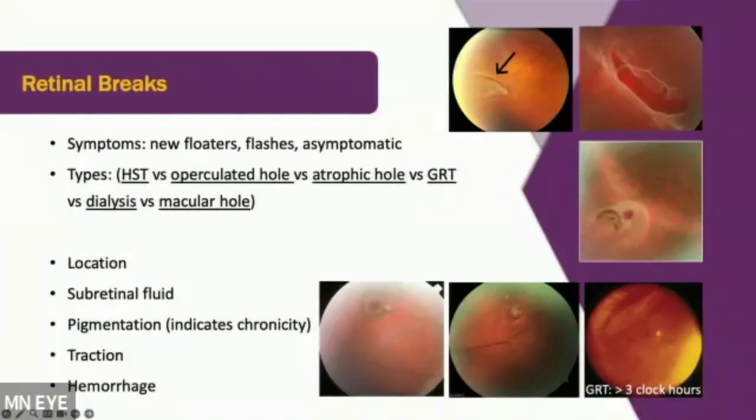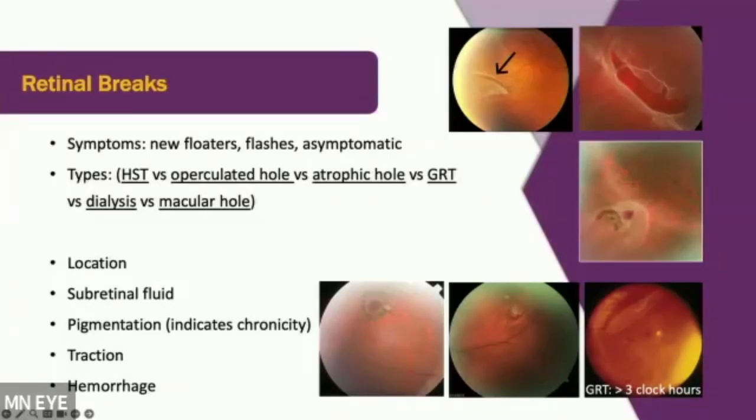The location is important, where the patient has their retina breaks. Young people can have asymptomatic breaks, and those who are highly myopic may not present to us, especially if they have an inferior break or hole. They come to us with a shallow detachment, with a small one or a couple of tears in the inferior retina, and they live their life for months, sometimes years, with those holes.